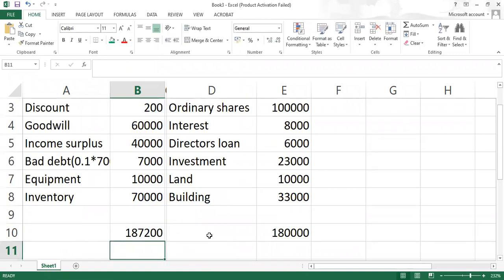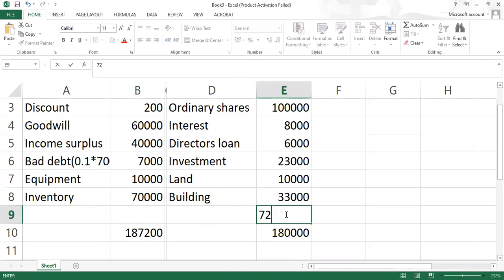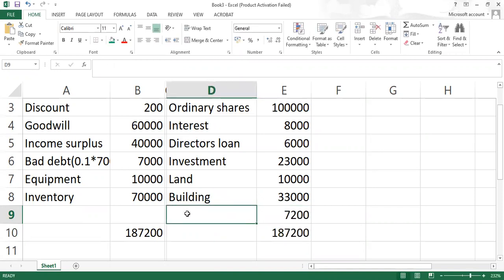So which side is higher? Debit side. Debit side is higher. So the losses are more. The credit side is lower, isn't it? Yes, sir. What is the difference? 7,200. So how are you going to name the 7,200 now?